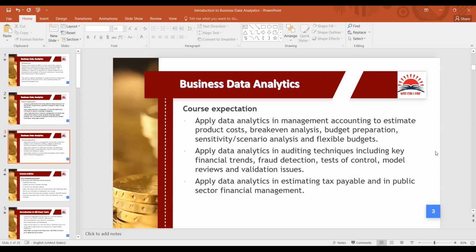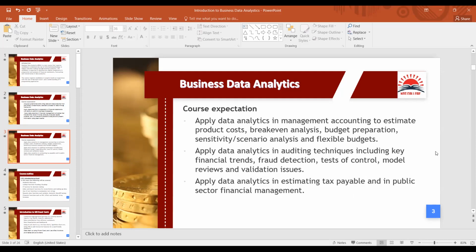Then another aspect is that you apply the data analytics in management accounting to estimate product cost, break-even analysis, budget preparation, among others. You also apply the same skills in performing auditing techniques, which include fraud detection, testing of controls, etc., and also validation issues.